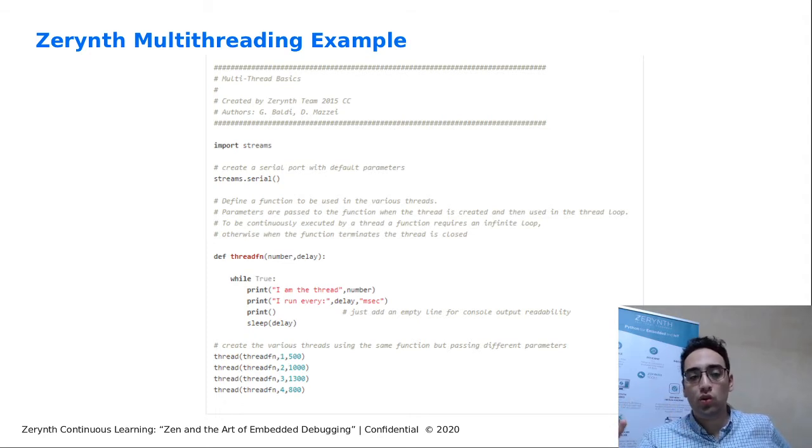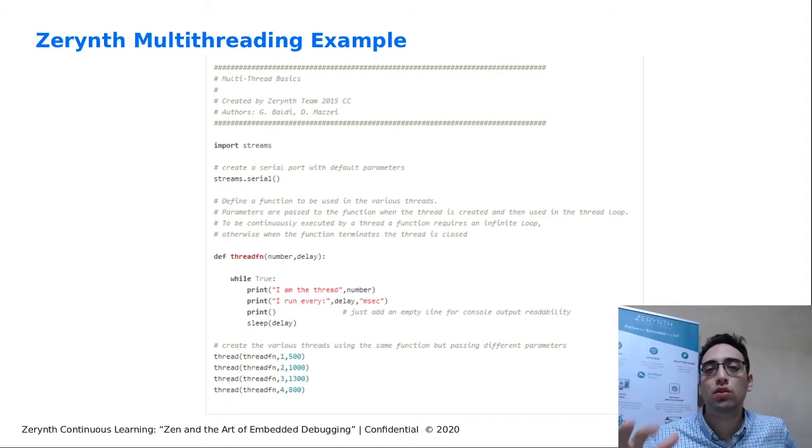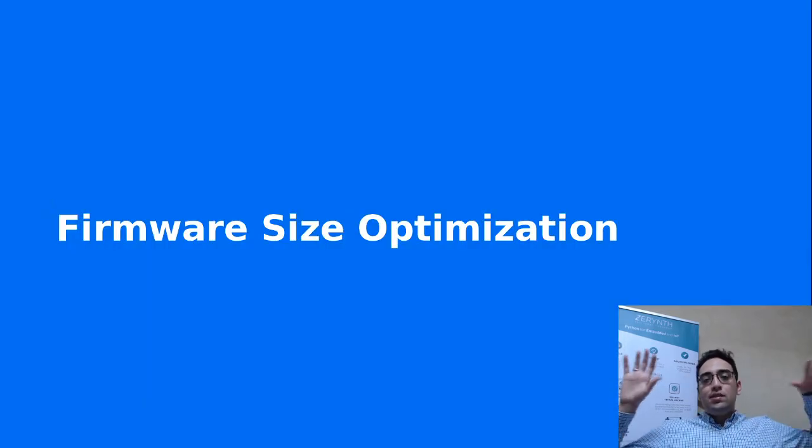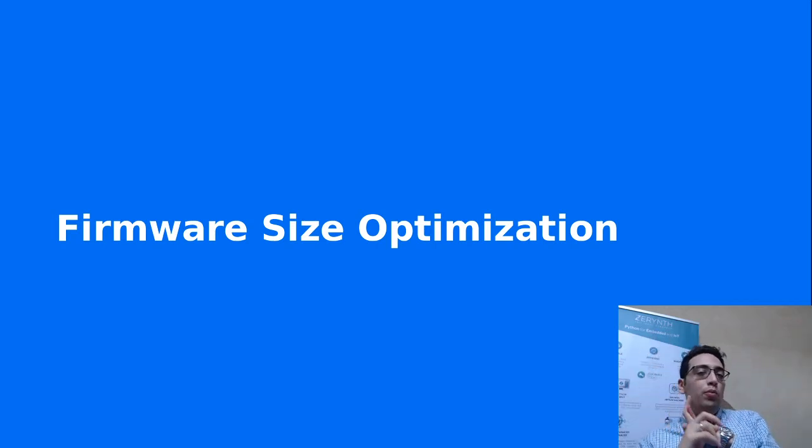But what I want to show here is that Zerynth provides a simple way to program your applications without having to spend a long time on the underlying RTOS layer, of configuration, of porting, and all of that stuff. So this is the operating system on embedded systems in general. We have talked about real-time operating systems.